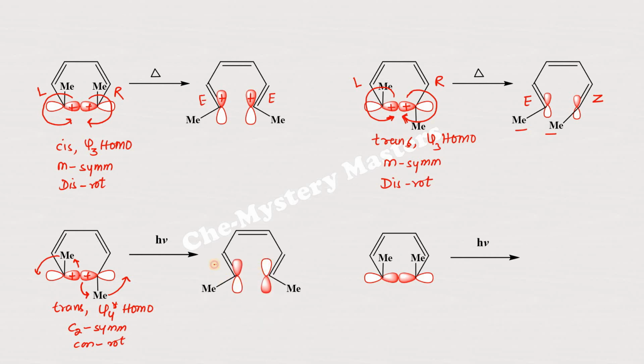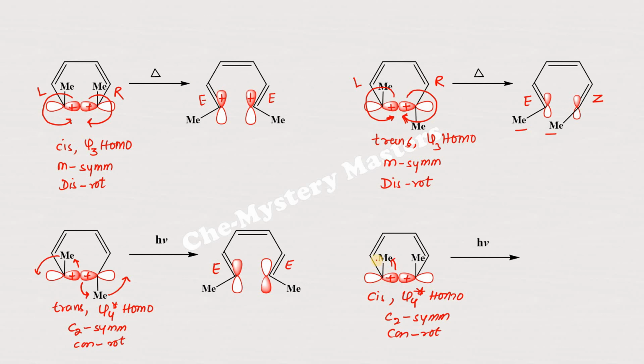so that EE type of arrangement will be observed. And for the last one, in the cis condition, you can see both of the methyls are on the above side. Here in hν condition, again cis geometry is present, Psi4 is our HOMO, C2 will be the symmetry for the reactant and the product, and conrotation is always there. So C2 symmetry means these two same type of lobes will be going in the upper side and lower side, means in opposite direction.